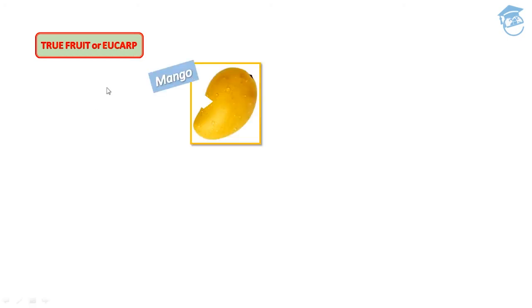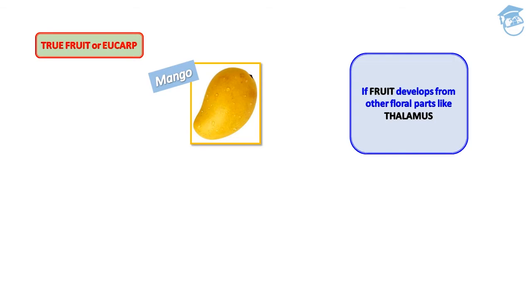And there are multiple types of true fruits. These include berry, hesperidium, pepo, and drupe. But we will not go into detail about it here. Just see, a true fruit is when the ovary gets converted into fruit, and it is also called eucarp.